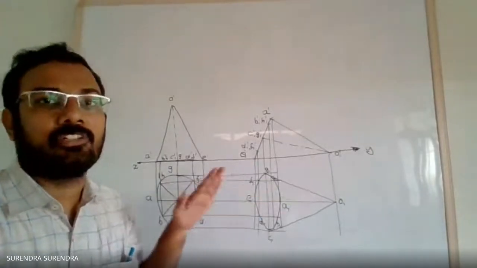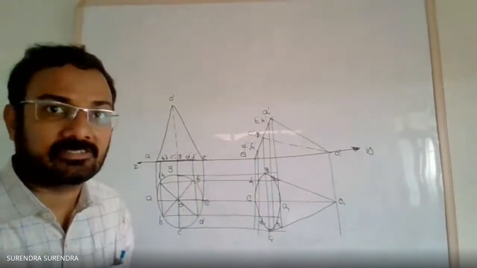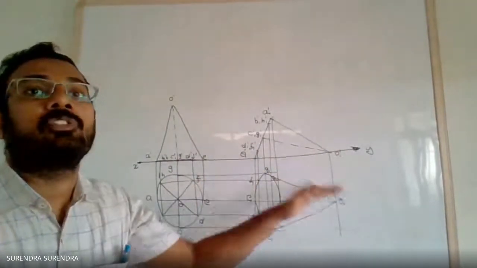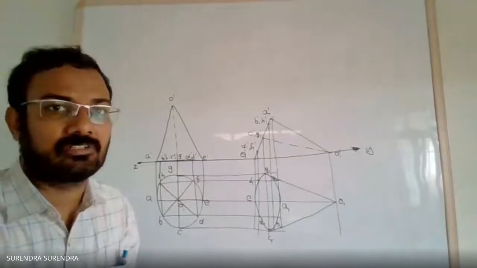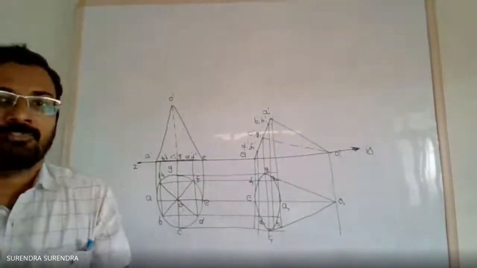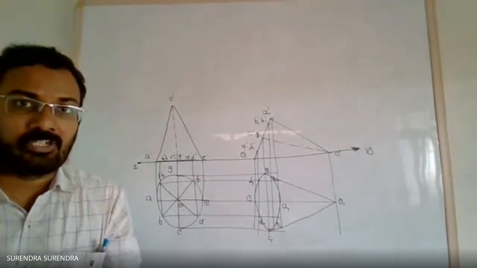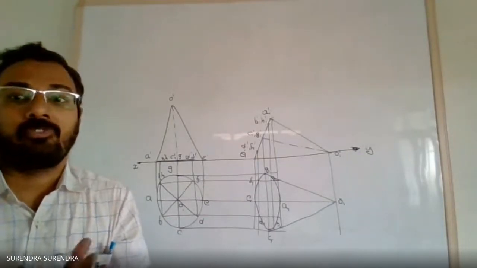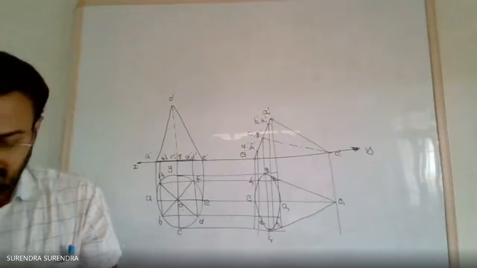So no need to draw all the generators. Remember, I am repeating this. Just only the base and outermost generators is sufficient. So this is the position of the cone when it is resting on ground on one of its generators.